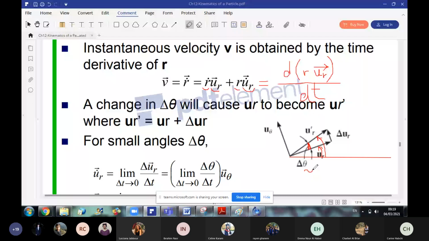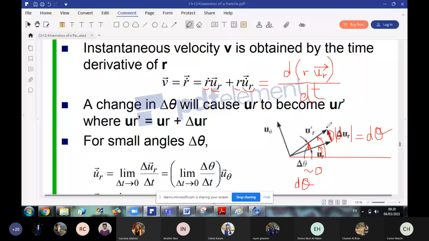Since d theta is very small, the magnitude of this segment is equal to the magnitude of the arc of the circle, which is d theta. So when I take delta theta very small, the magnitude of dUR is d theta, exactly like in the previous method. Now concerning the direction, also the same analogy. I have here an isosceles triangle with a very small angle here.